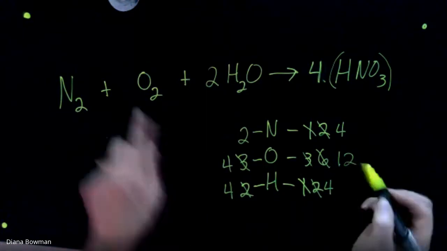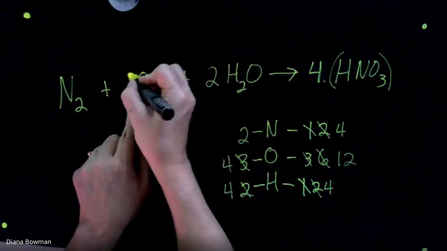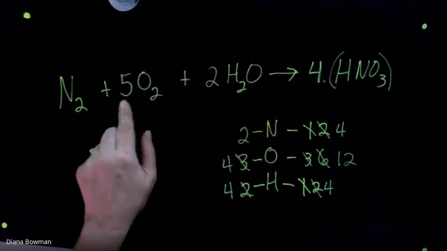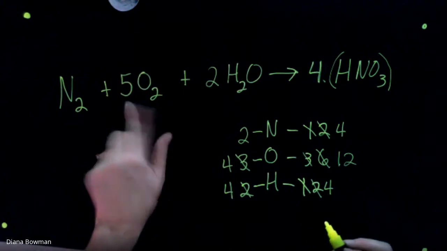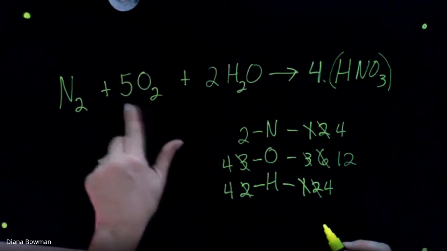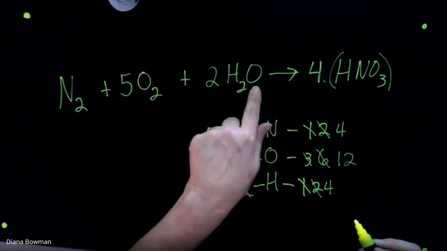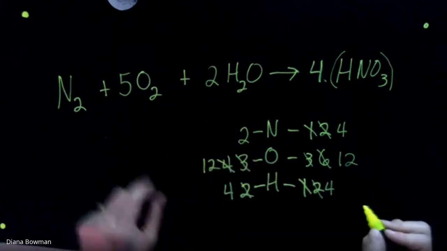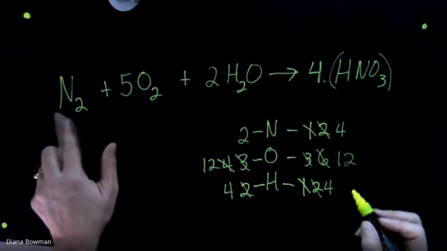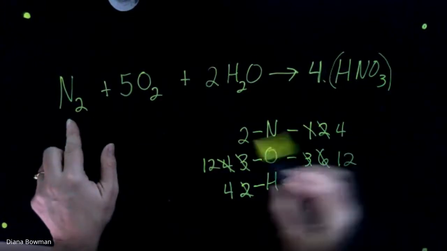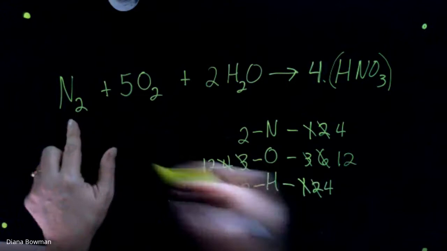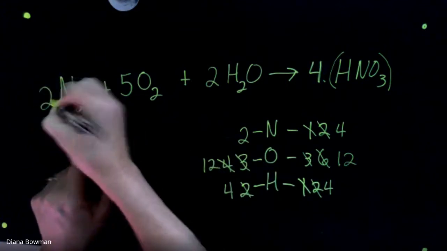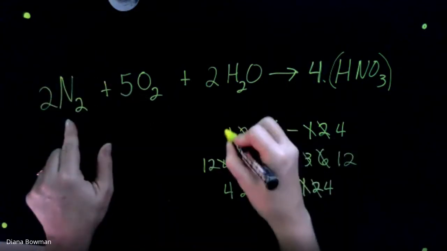So 12 minus 2 gives me 10. So if I make this a 5, 5 times 2 gives me 10 oxygens here. So there's 10 oxygens, and here's 2 more. So 10 plus 2, that gives me 12. Okay? But now I need to balance my nitrogens because I had 4 here, but now I only have 2 over here. So that's easy. I'll just put a 2 in front of there, and then that gives me 4.